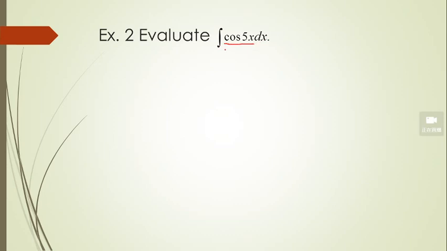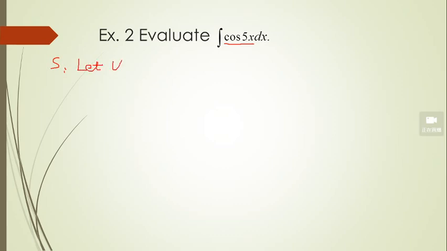According to our experience, we might let u be g(x) equals 5x, but we don't have the g prime part. It should be the composition f(g(x)), but we don't have g prime. Now let's check whether we can apply the substitution rule or not.